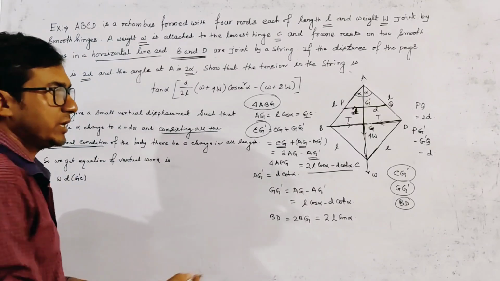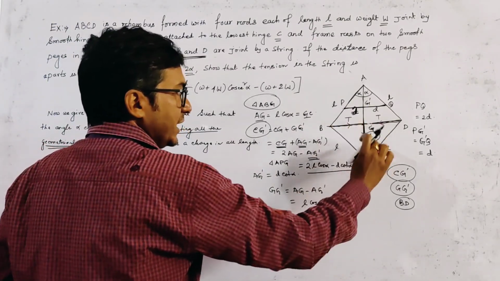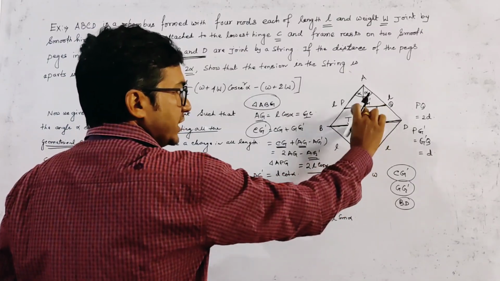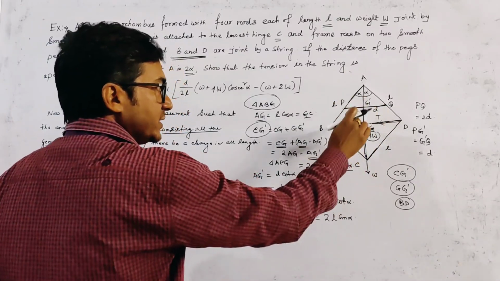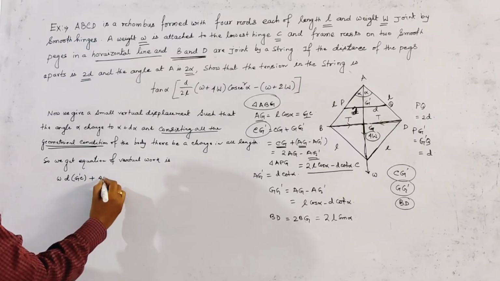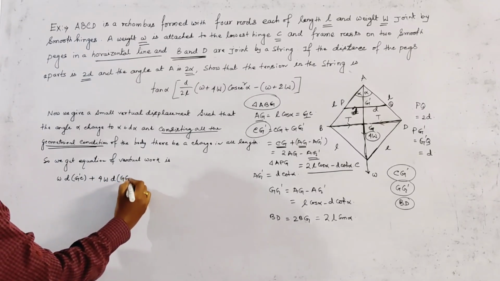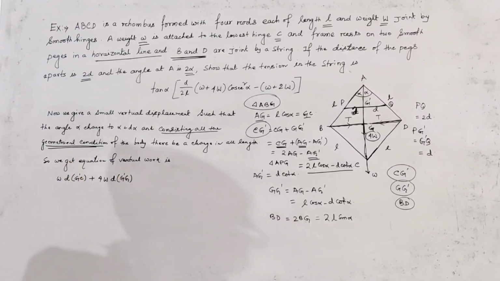And the second force is 4W, which acts through the center of gravity G, and the displacement of this force is G'G. This is also a positive force, so we get plus 4W into d of G'G.